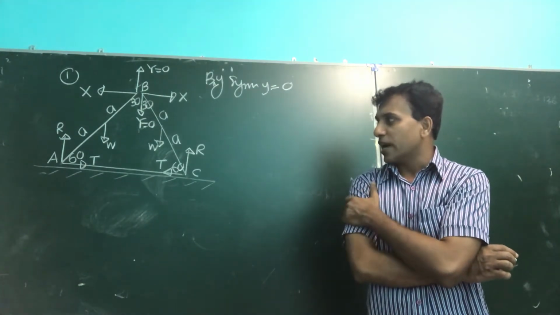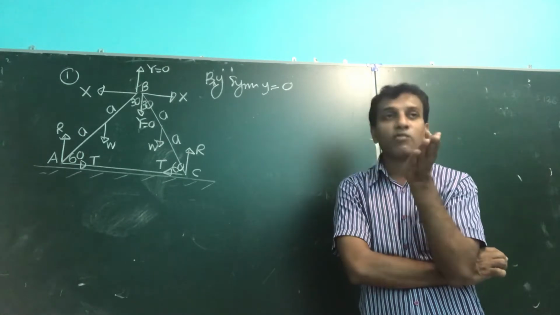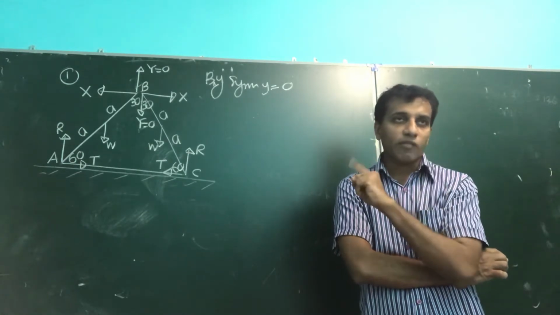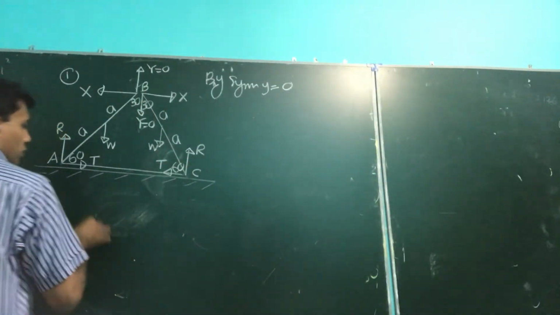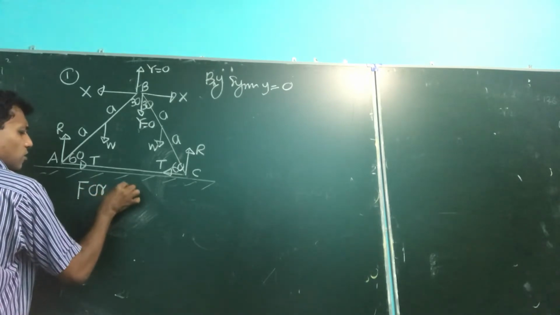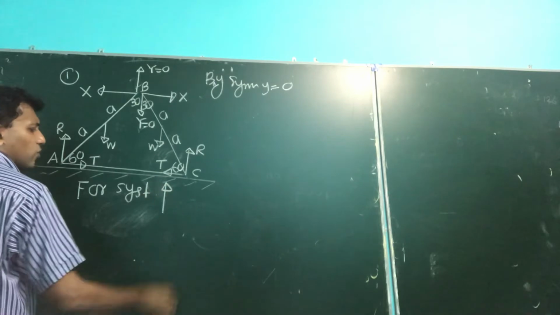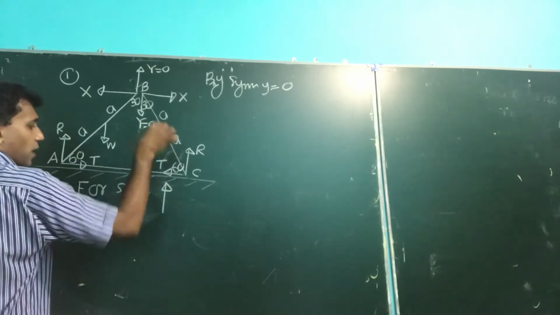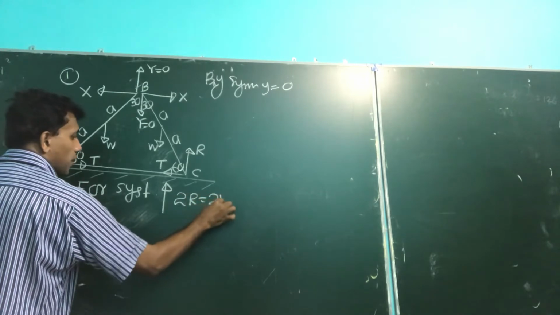Okay, very first they ask to find R, find T, find X and Y. Y is 0, so they have X only. So what is the method? We first find R, right? For the system, resolve vertically: 2R equal to 2W.